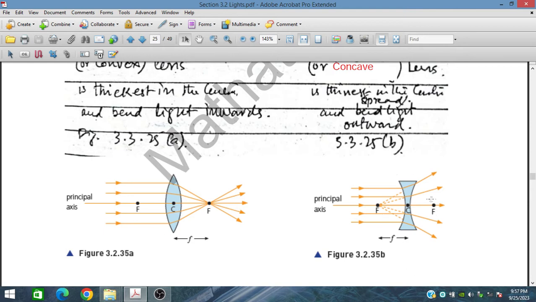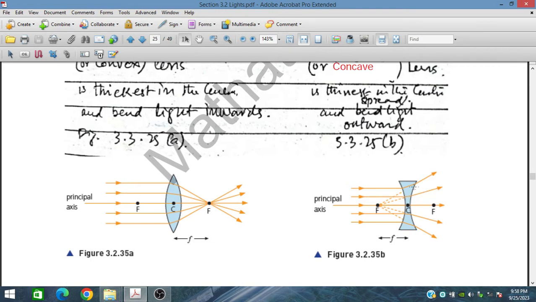Here the parallel rays of light are coming toward this convex lens, and from here they converge to a point that is called the focus. So this is called a converging lens. And here the parallel lines are coming, but instead of converging they are diverging from this point.